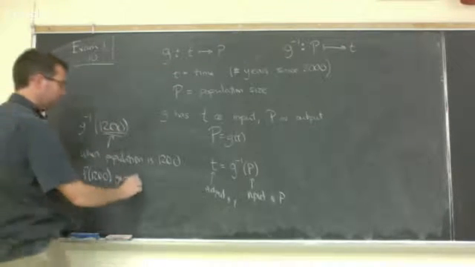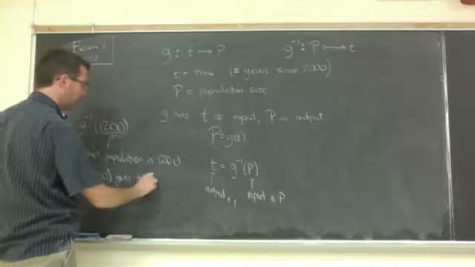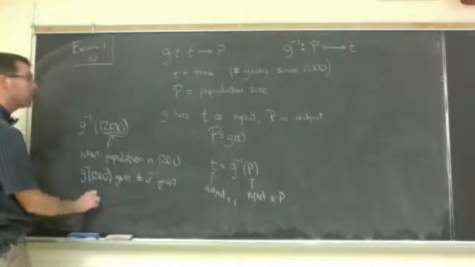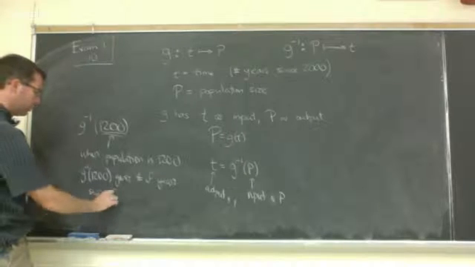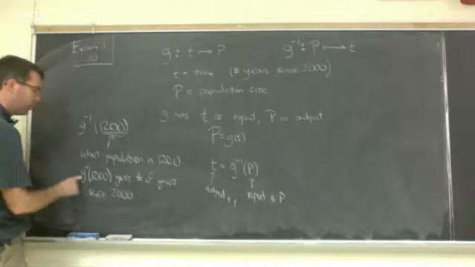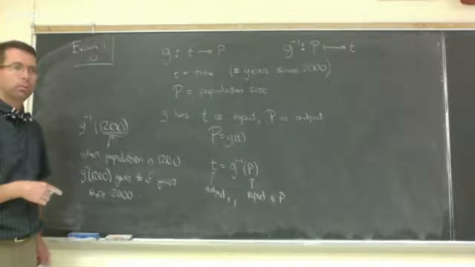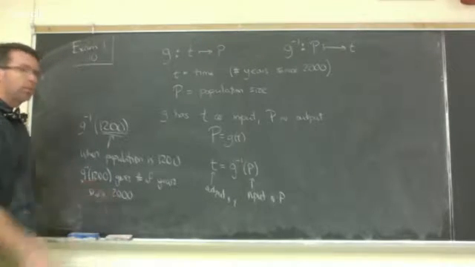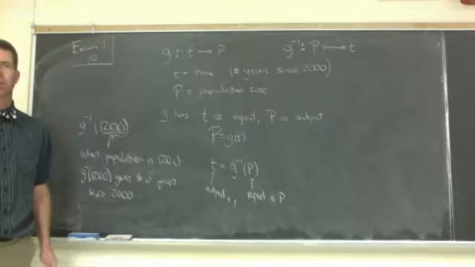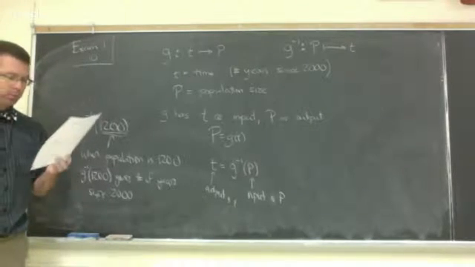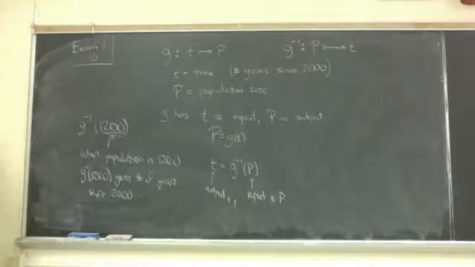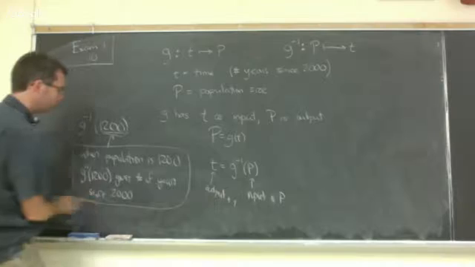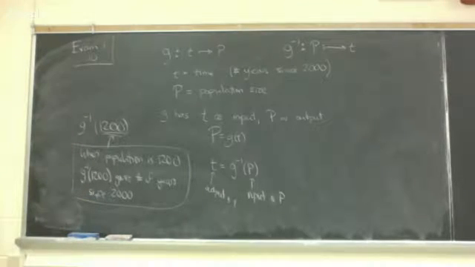It gives T, the number of years since 2000. So suppose it gave me back 3. G inverse of 1200 was 3. That would mean 3 years since 2000, or 2003 was the year. That sentence would be what I was looking for.